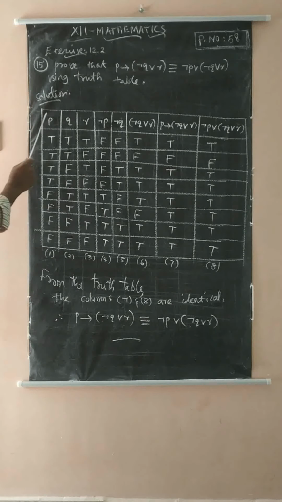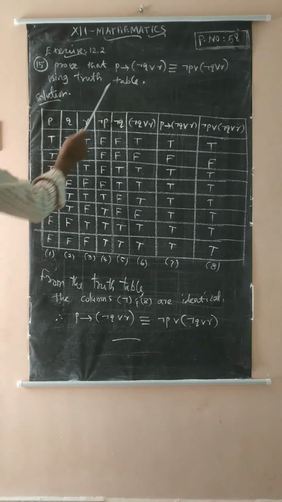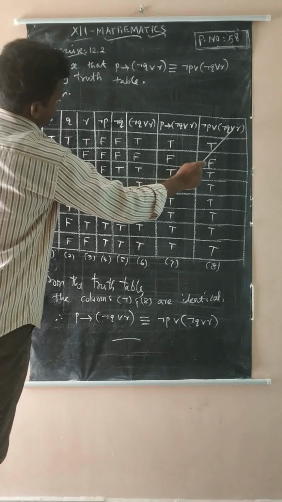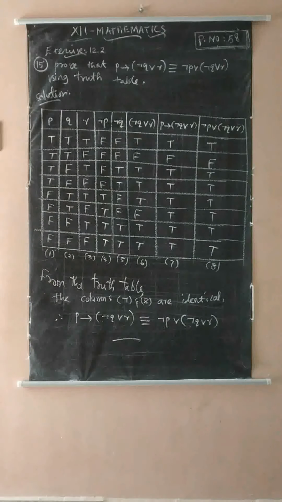First P, Q, R. Next we want negation P, negation Q, and the next negation Q or R. Another one is P conditional (negation Q or R). And then another one is negation P or (negation Q or R). That's all. Next, we fill P, Q, R initially.